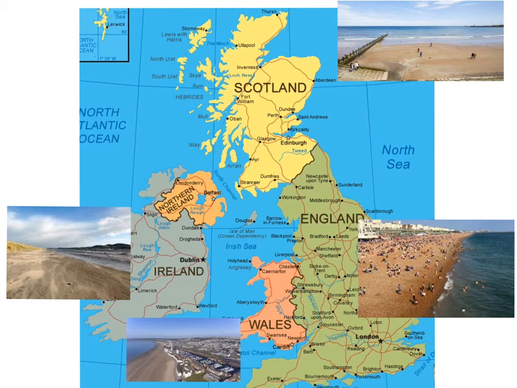Let's have a closer look at the seasides in these countries. Let's have a look at the coast of Scotland. Here we have Aberdeen. Aberdeen is one of many places by the coast, and this is one seaside. Here you can see land meets the sea.